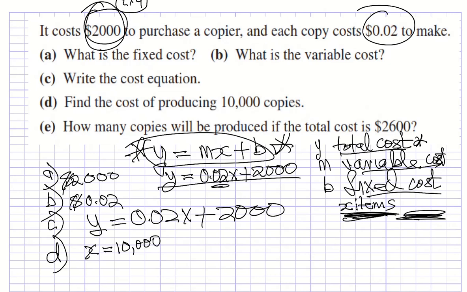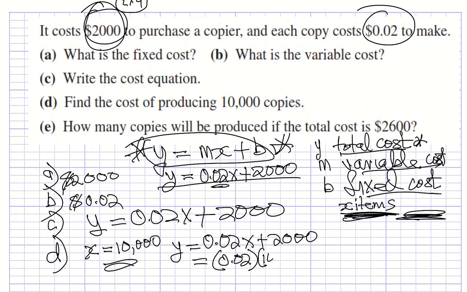Then what is the y, which is the cost? y equals 0.02x plus 2000, okay? Which is the same thing. Put that value of x in there, and then you get 10,000 plus 2,000, okay?